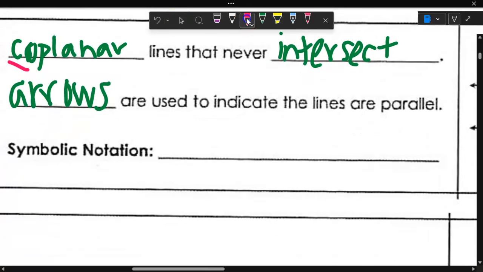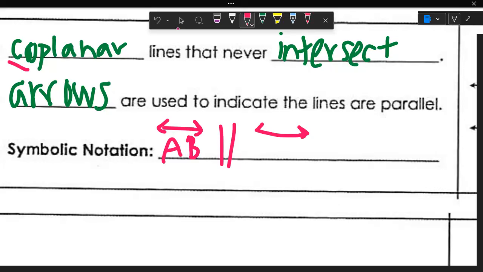So for the symbolic notation, according to the picture to the right, we're saying that line AB is parallel to line CD.